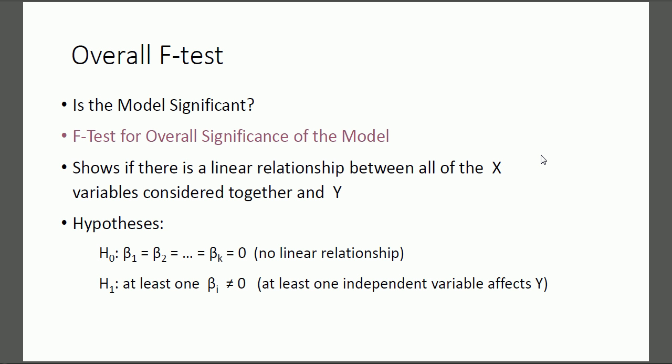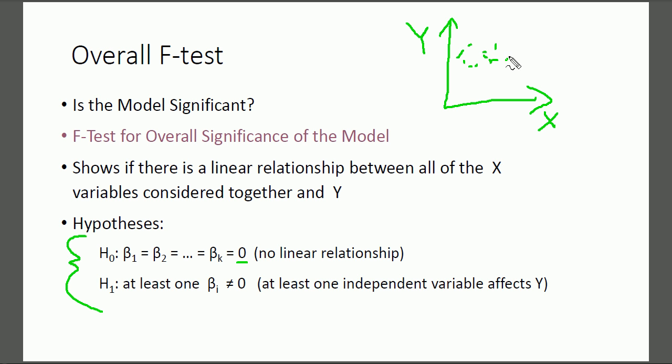Okay, so here is what it boils down to. It's the hypothesis test down here. The null hypothesis is that all the slopes are equal to 0. If you go back to the simple linear regression days, when we looked at a scatter plot, and the scatter plot kind of looked like this, we gave this a name, we called it a null plot.